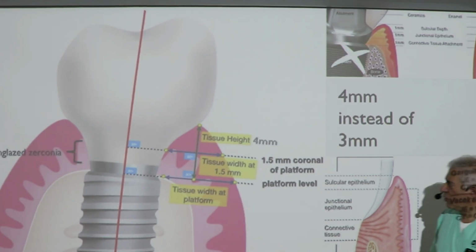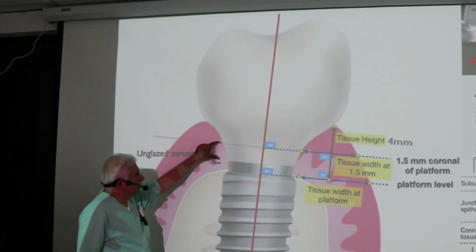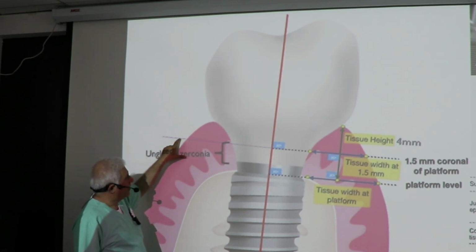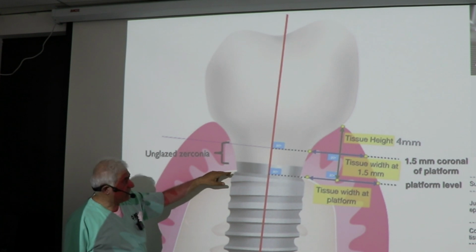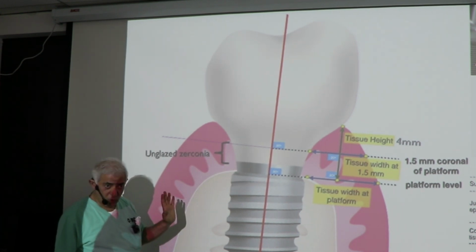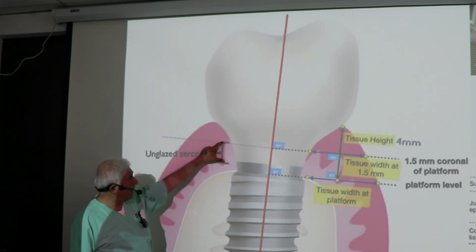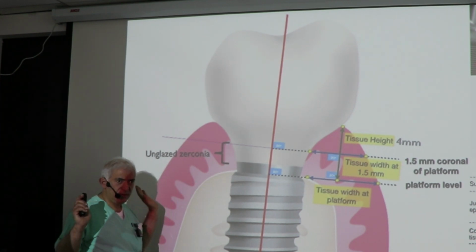That's why you're applying all these rules. Okay, so the glazed zirconia, the unglazed, will be the 1.5. Now, if your abutment height is 0.5 millimeter and your implant is 0.5 millimeter deep, fine.